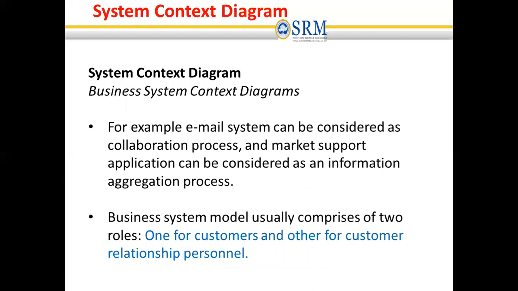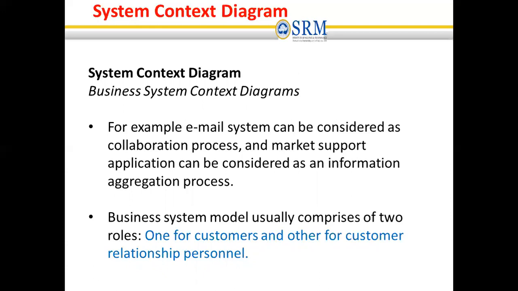Let's continue with the business system context diagrams. These types of diagrams can be used as a starting point on which more detailed elaboration for the business system can be extended or further built. For example, in a business environment, an e-commerce portal can be considered an extended enterprise process.